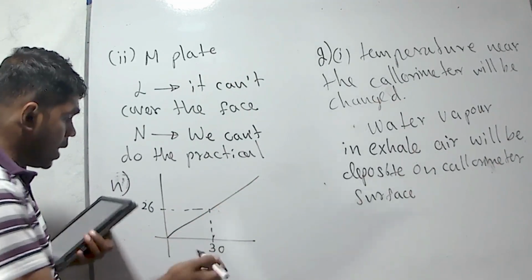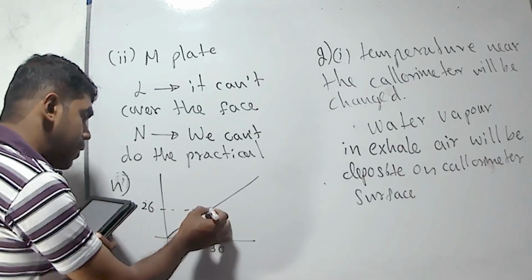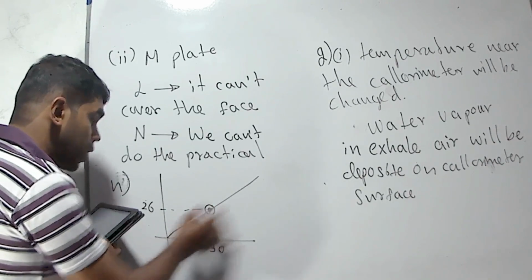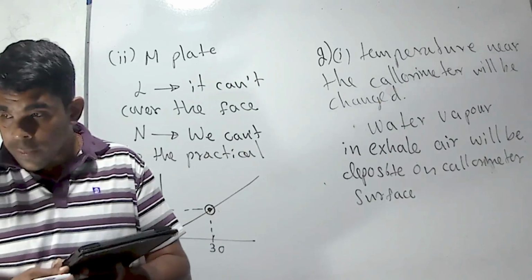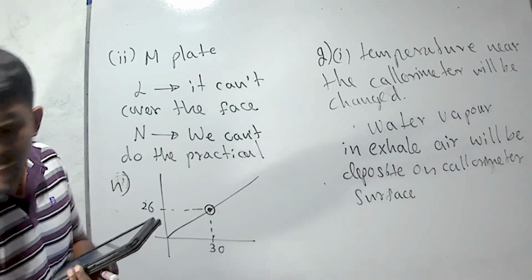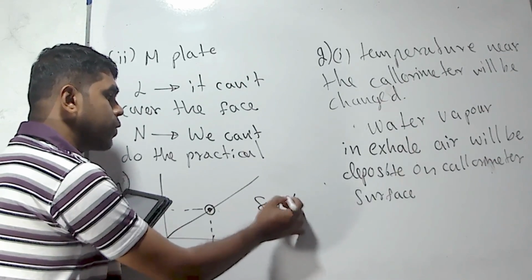We have to obtain 30 from the x-axis and 26 from the y-axis, and find the relative humidity graph corresponding to this point. Then we can obtain that the relative humidity graph corresponding to this point is 80%. Then 80% is the relative humidity of the laboratory.